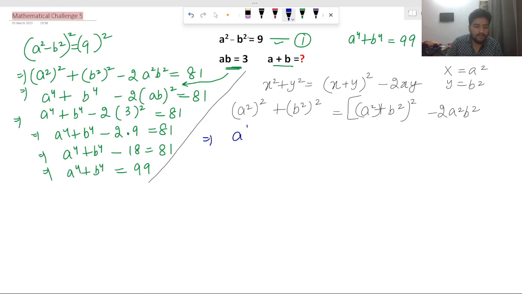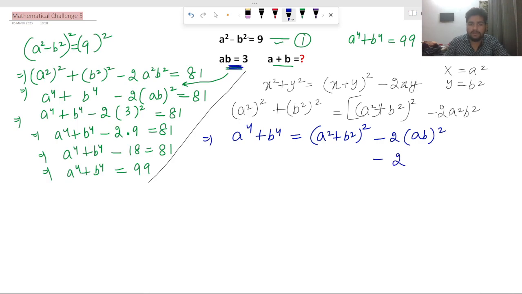Now I'm going to solve this equation. This will be a4 plus b4 equal to a square plus b square whole square minus twice of ab square. Again, using this value of ab, this will turn out to be twice of 3 whole square.